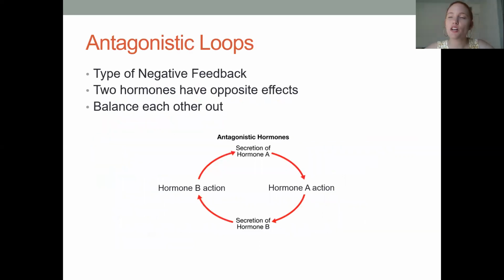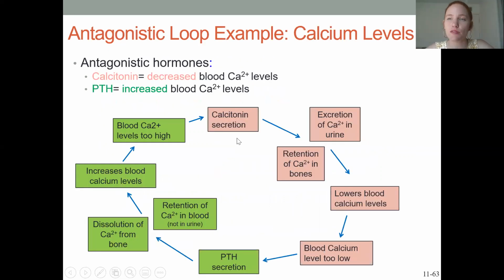Okay, so I also wanted to talk about antagonistic loops, and these are an example of a negative feedback loop, but instead of having that sort of circular pathway, you have two different hormones that are opposing each other. So that the action of hormone A opposes or goes against the action of hormone B. Okay, so I'm going to give you a specific example, but I want you to really focus on the point of it, antagonistic loop, not necessarily the specifics yet.